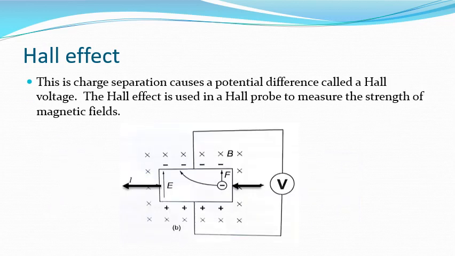And what we can then do is attach a voltmeter to the top and the bottom surfaces, and we end up with a potential difference, a voltage between these two. And this is what is used in a Hall probe to measure the strength of magnetic field. So you can place this conducting material within your magnetic field and you can measure what voltage is produced.